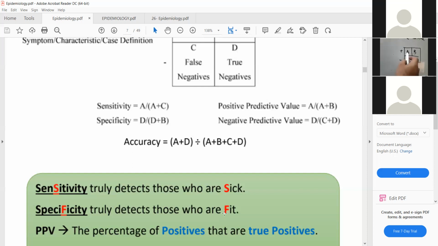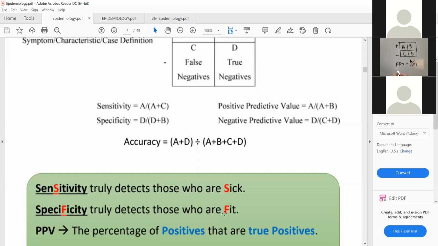True positive divided by total positive. Because we are calculating the percentage of the positive that are true positive. So we need to divide this true positive over the total positive patient. Is this point clear? Yes.